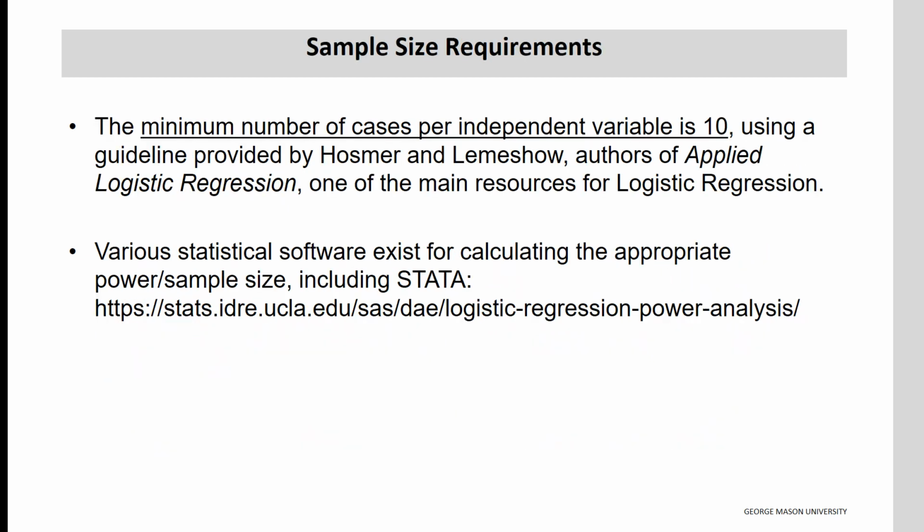In terms of sample size requirements, the minimum number of cases per independent variable is 10, using a guideline provided by Hosmer and Lemeshow, authors of Applied Logistic Regression, which is one of the main resources for logistic regression. Various statistical software exists for calculating the appropriate sample size, including Stata.